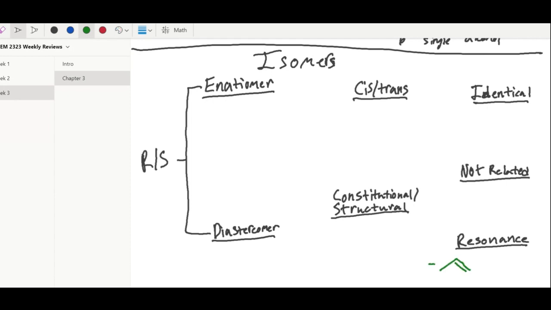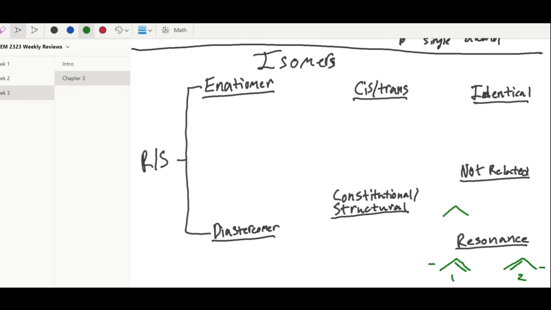So I'm just going to do a very basic one, but to just understand, it could be any resonance problem. If they give you two compounds, obviously they're not going to give you the arrows. So I'm not going to do the arrows either. But if they give you compound A, or compound 1 and 2, just know that those are isomers of each other. Okay? Not related means that the formula is completely different.